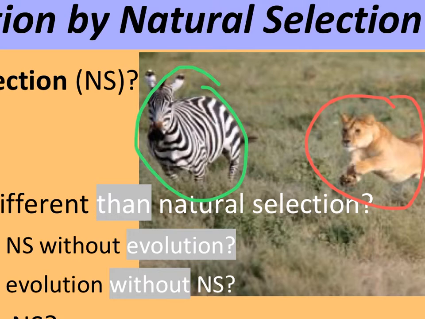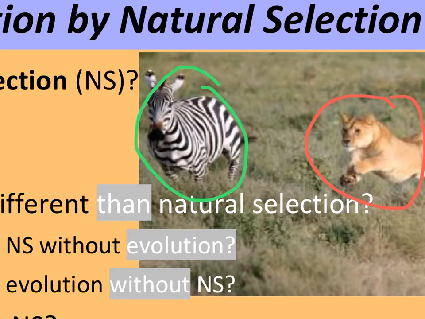Okay? Some zebras are born and they're sub-zebras. They're not very good. They're the first ones that are going to get eaten by a lion. The ones that don't get eaten are going to survive long enough to reproduce. And they're going to reproduce with other zebras that also are winning zebras that haven't been eaten yet. You're a losing zebra, you don't get to breed because you've already been eaten. You don't even get to have sex.